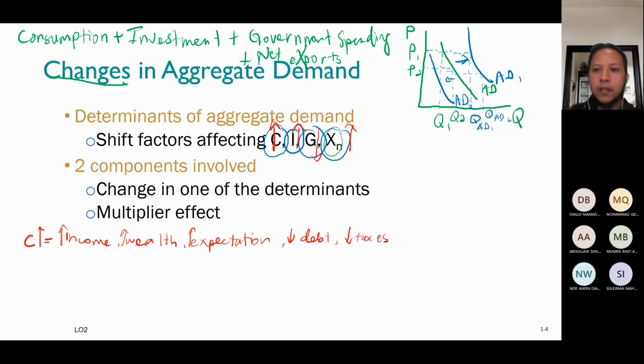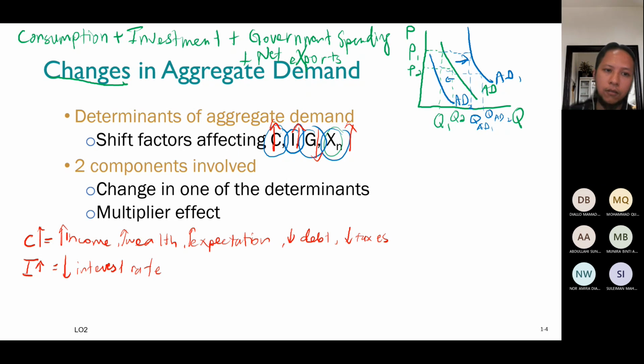And for investment, usually investments increase if the interest rate goes down. I think I covered this last week. When interest rates go down, investments go up.